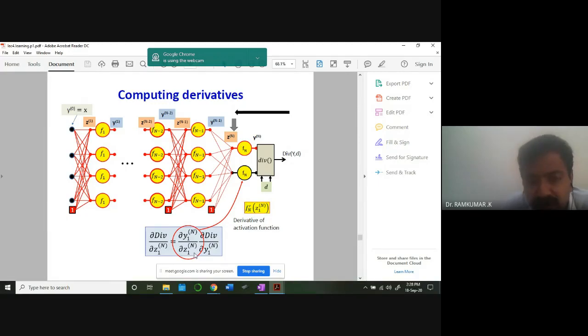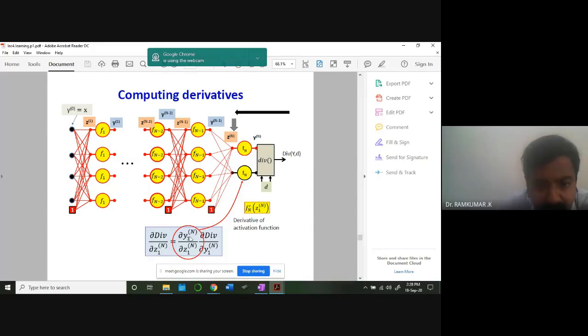Whatever the pre-activation is there, it passes through a function. That function is the logistic function, so this is nothing but the derivative of that function with respect to that pre-activation. You understand here? What is Y1n? Can somebody tell me what is Y1n?